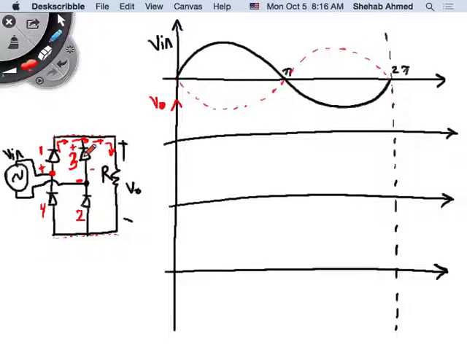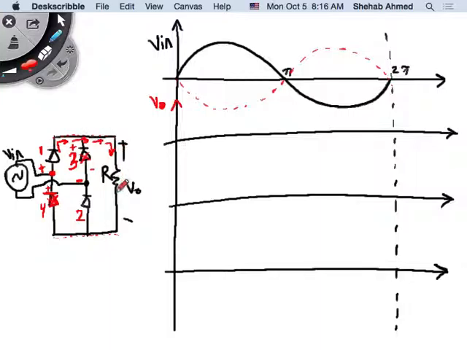So diode 3 cannot be on, and diode 4 cannot be on because they are seeing the highest potential, the most positive voltage in the circuit, on this side, right? So they're seeing the most positive potential here, so they are not able to turn on, right? Diode 1 was able to turn on, right?